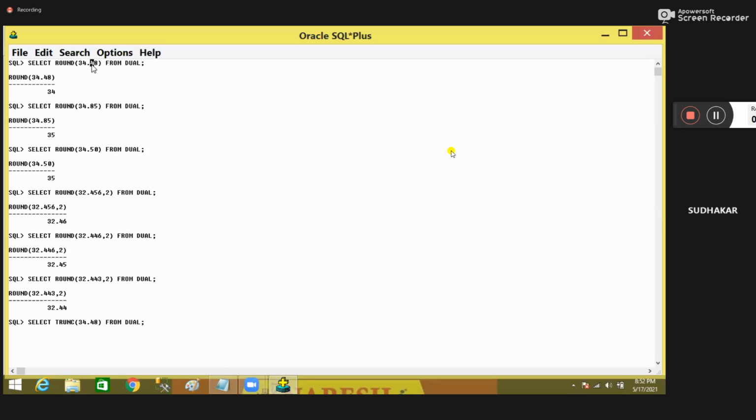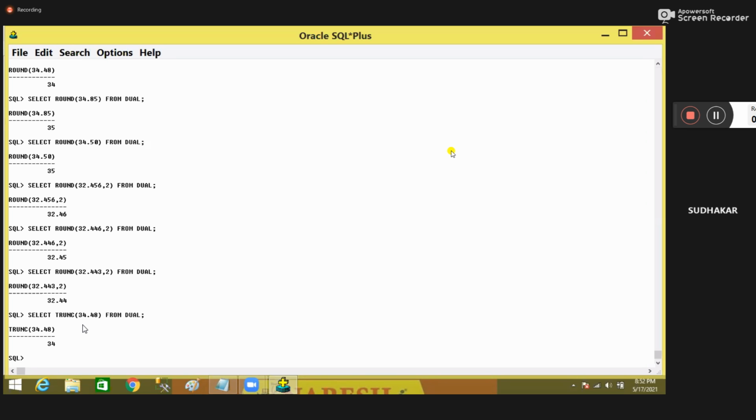So 0.4 is less than 0.5, that's why nothing is added. As usual 34 is displayed. So here also 34, but here 0.4, 0.5 or 0.6 is not considered. Whatever it was, it is not considered, and it shows exactly 34 only.